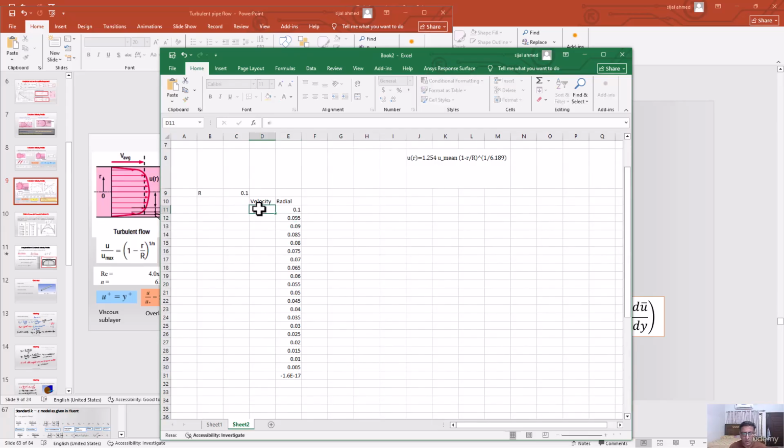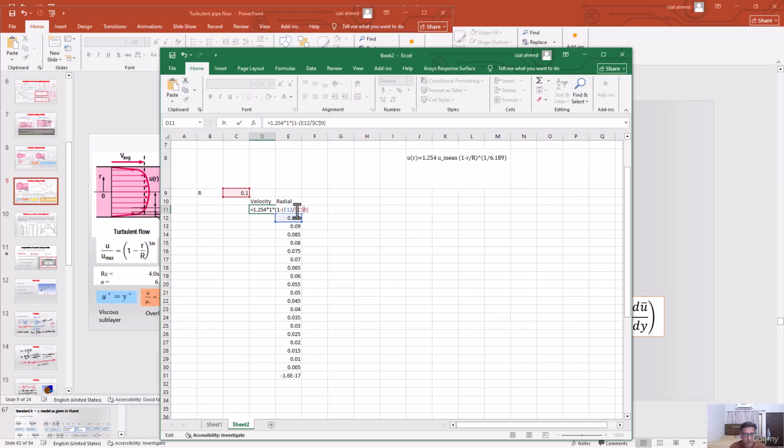It's your choice. So here we have 1.254 into U mean, which is equal to 1 meter per second, and into the bracket. I start the bracket with 1 minus r divided by capital R. Here you have to put a dollar sign, so this value remains constant.